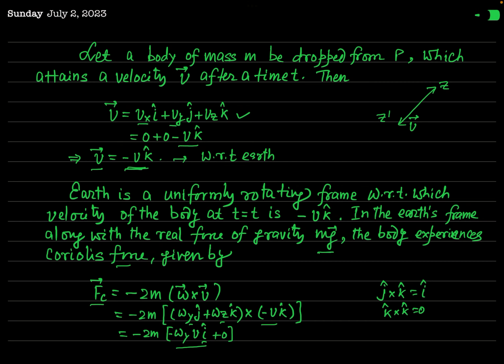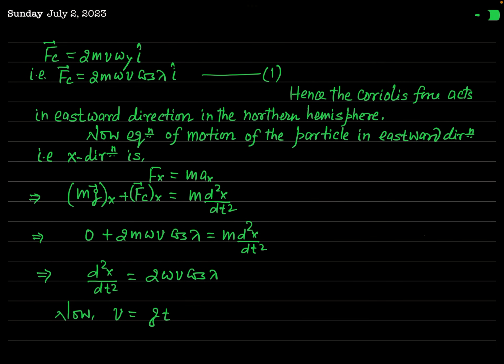Now see, minus minus will become plus. So Fc will be equal to 2mv times omega y i. But you have learnt earlier that omega y is equal to omega cos lambda.